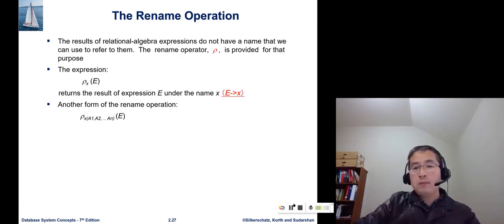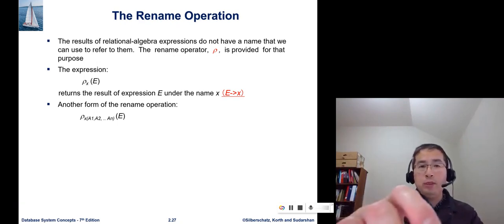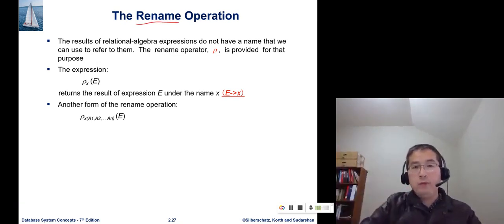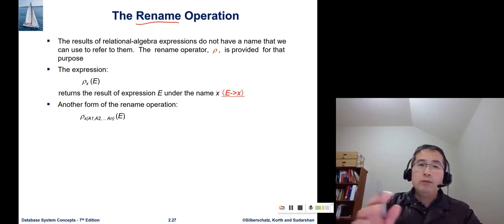So the next one we want to talk about is the rename operation. Rename operation is different from the previous one. Assignment gives a name to a temporary result. Here, in fact, maybe you will do a join of a table with itself. So we want to differentiate the left one from the right one.